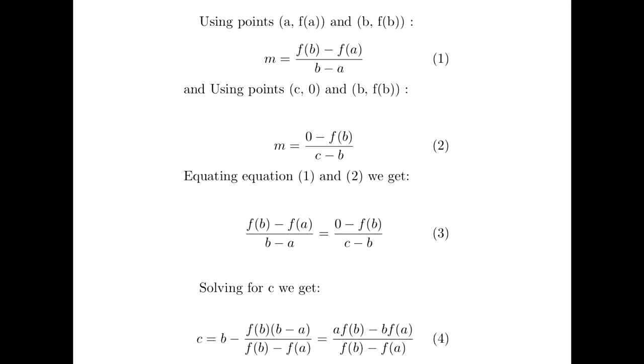You can see that solving for C, we get C equals B minus f of B into B minus A divided by f of B minus f of A. So that derives it from the secant method. If we use this, we are deriving from the secant method. And if I told you before the split of AC and CB, that also derives the Regula Falsi method.